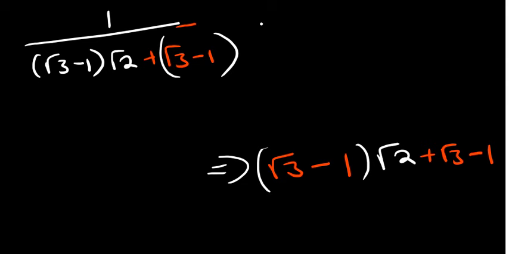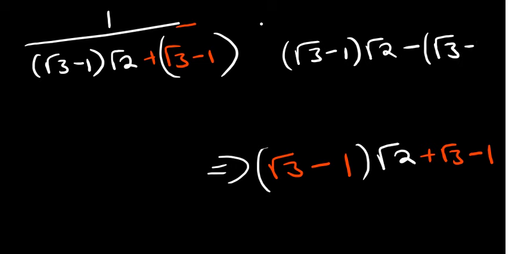So then I'll change the sign in between. So I can say root of 3 minus 1 attached to root of 2. The sign in between can become a negative. Then we'll have root of 3 minus a 1. We do the same to the numerator. So I don't have enough space here.